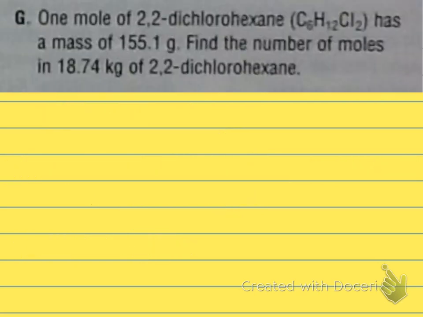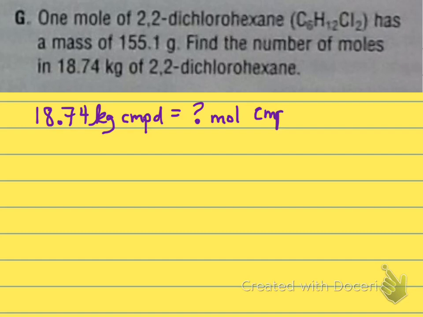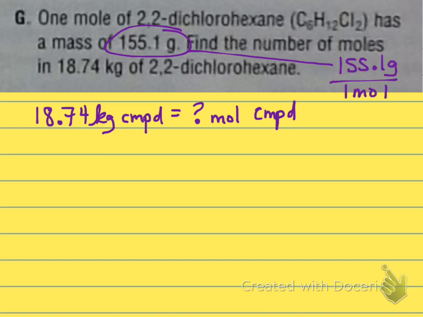And lastly, letter G. 1 mole of this has a mass of this. Find the number of moles in 18.74 kilograms of our compound. We'll just call it equals how many moles of our compound. And again, this here that they gave me is the molar mass. So this is 155.1 grams of compound per 1 mole. You don't have to calculate it out.